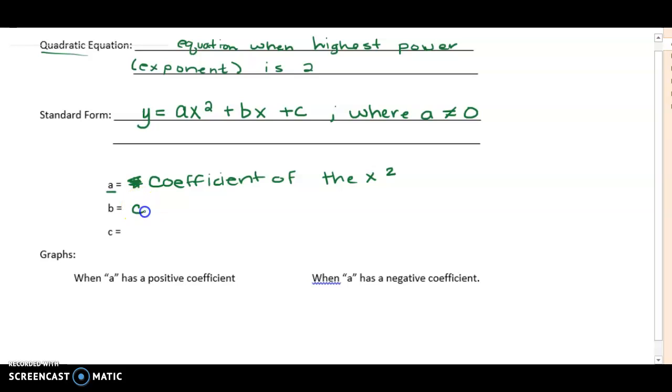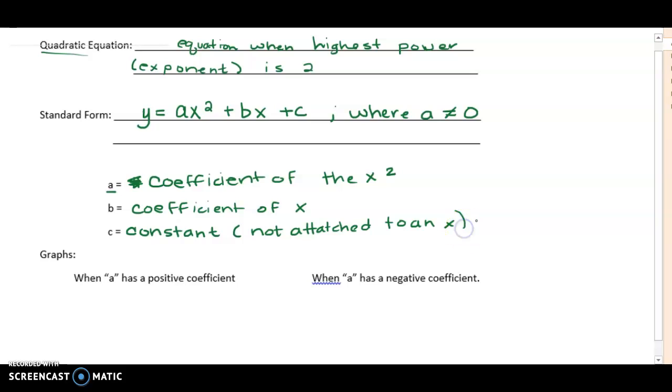The b is the coefficient of the x, and the c is the constant, or in other words, not attached to an x. And we'll do some example problems.